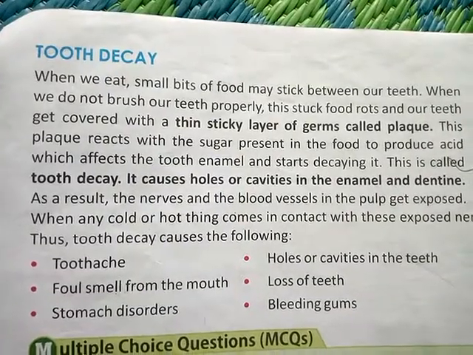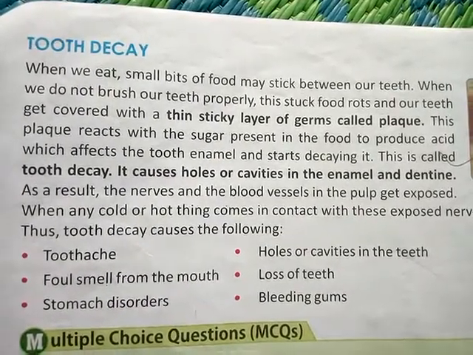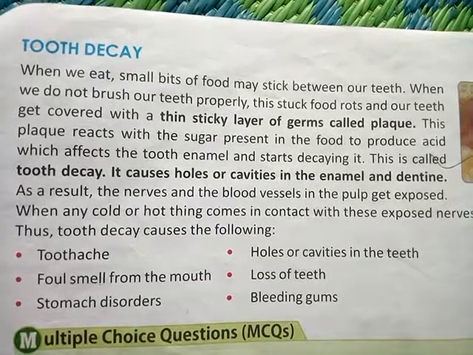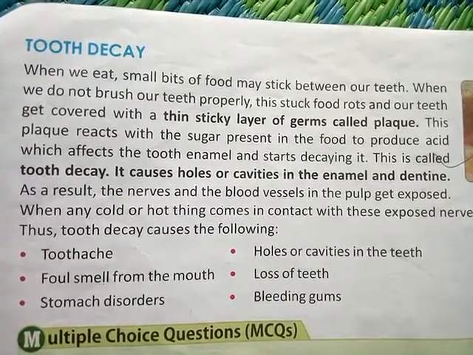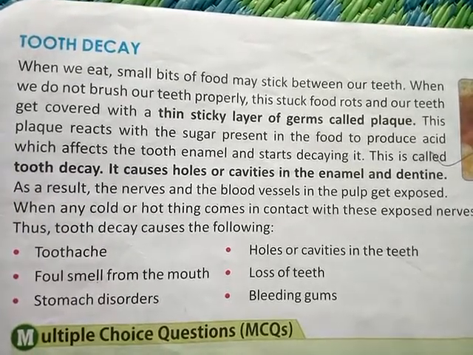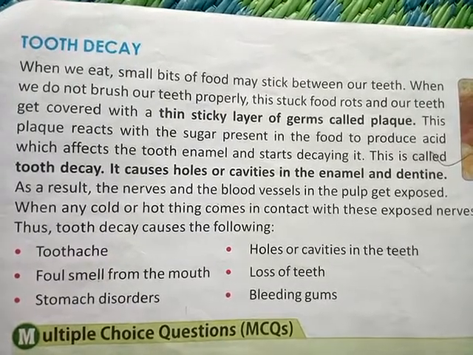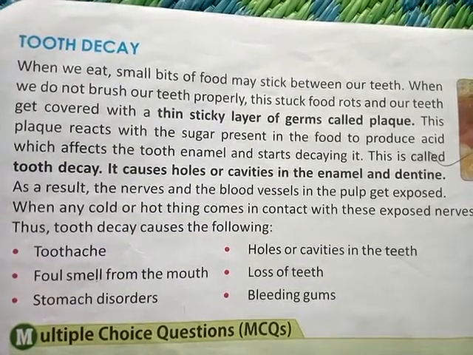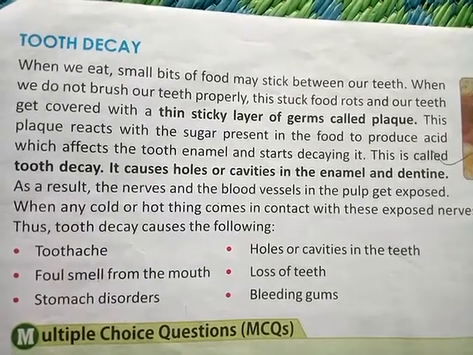Now, tooth decay. When we eat, small bits of food may stick between our teeth. When we do not brush our teeth properly, this stuck food rots and our teeth get covered with a thin sticky layer of germs called plaque.